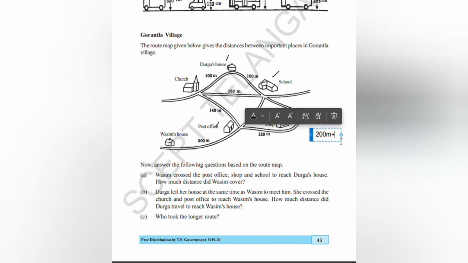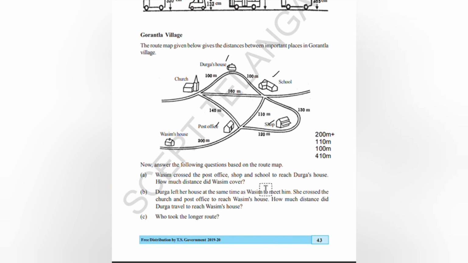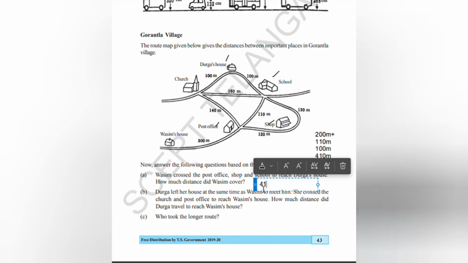So adding, 110 meter. Then next school, 100 meter. By that he will reach Durga's house. If we calculate how much it will be, 410 meter is the answer. How much distance did he cover?